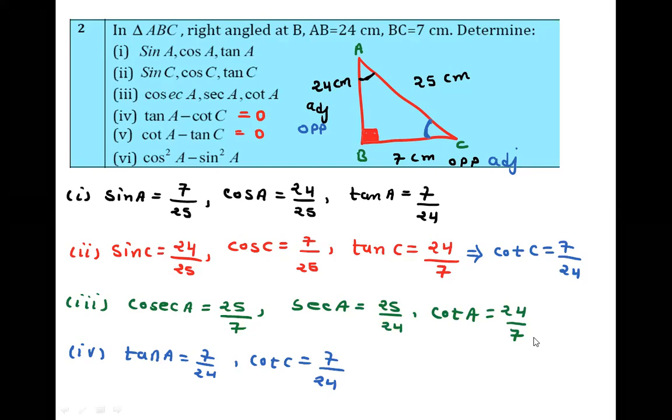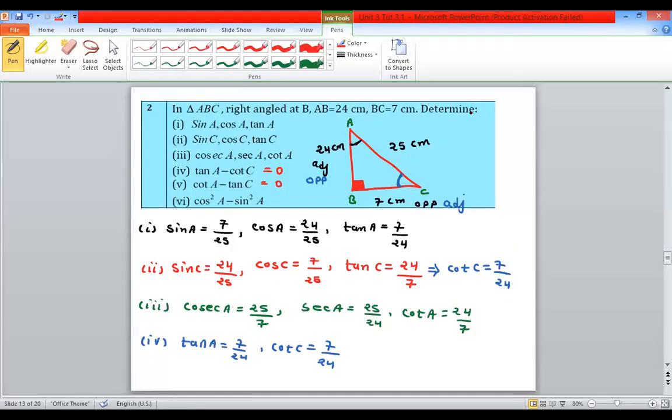Okay, 527 by 625. Okay, done. Very good. So the last question has the answer 527 by 625. So these are the answers of the following questions.